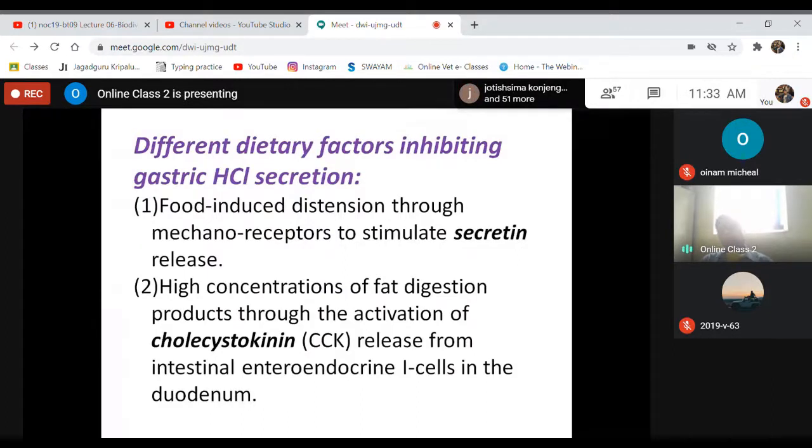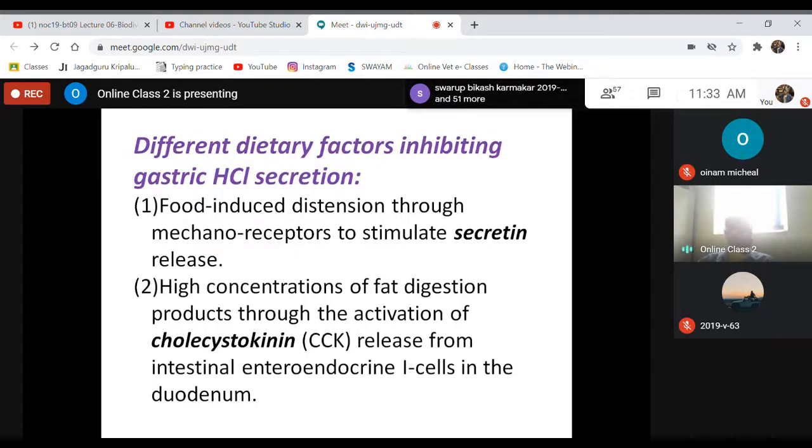And a high concentration of fat also activates cholecystokinin release from the intestinal enteroendocrine I cells in the duodenum, and thereby it will be inhibitory to gastric hydrochloric acid secretion, or in turn inhibitory to the digestion of protein in the stomach of non-ruminant animals.